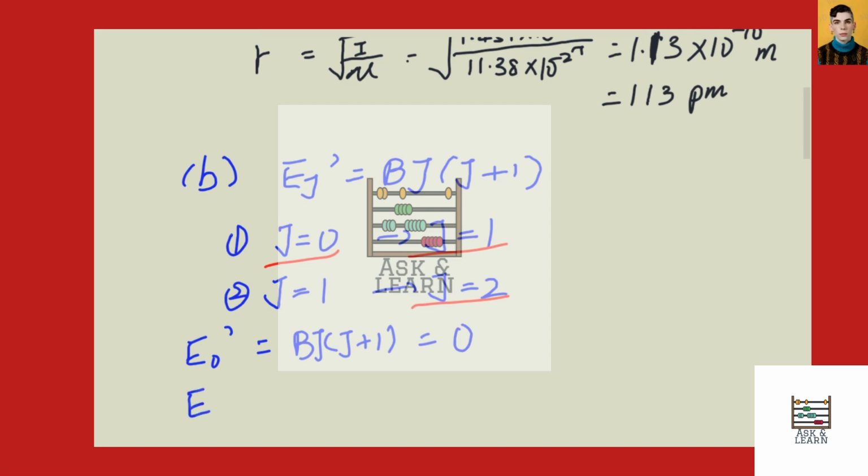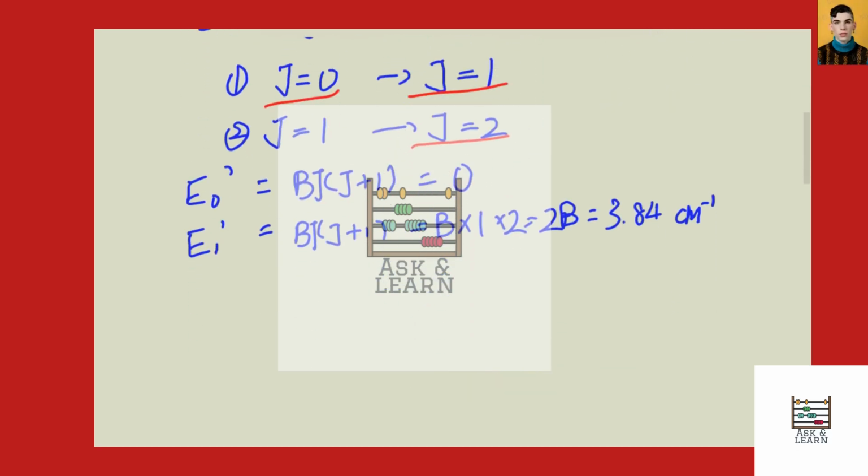And for the first excited state, this time J equals 1. So it equals 1 times 2, so it's 2 times the rotational constant, and this equals 3.84 inverse centimeters.